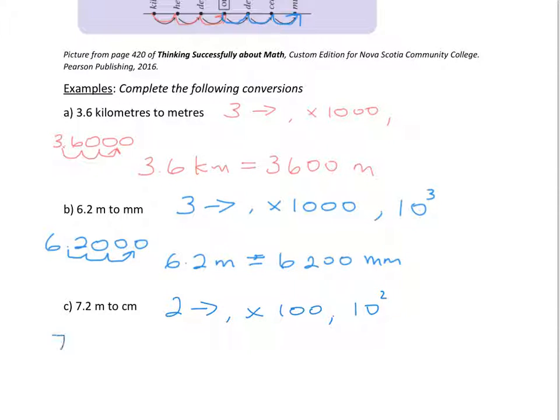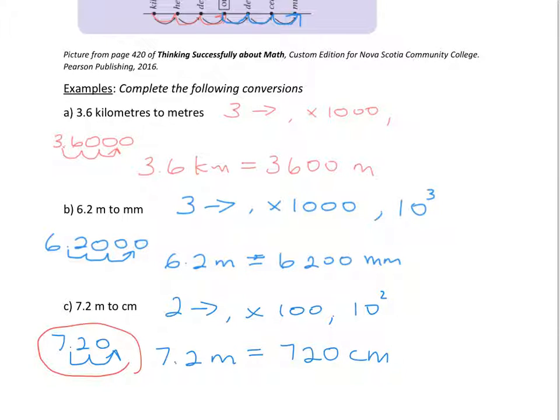So 7.2, I'm going to add a 0, and I can see now I have space to move that decimal place 2 places. So 7.2 meters is equal to 720 centimeters. Never leave the version that has the arrows as your final answer. Always rewrite your answer with the correct units as your final step.